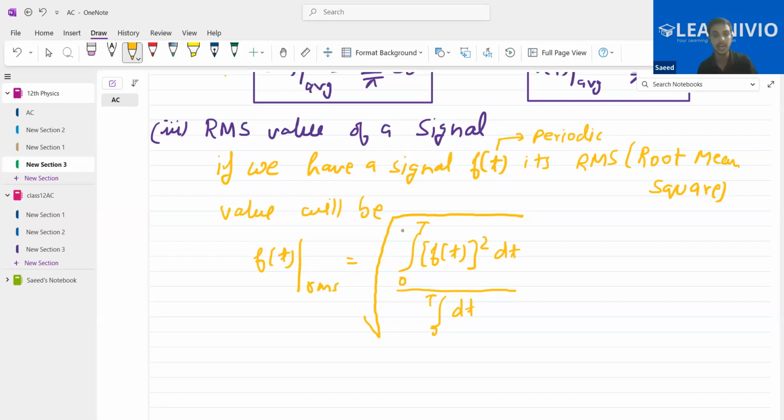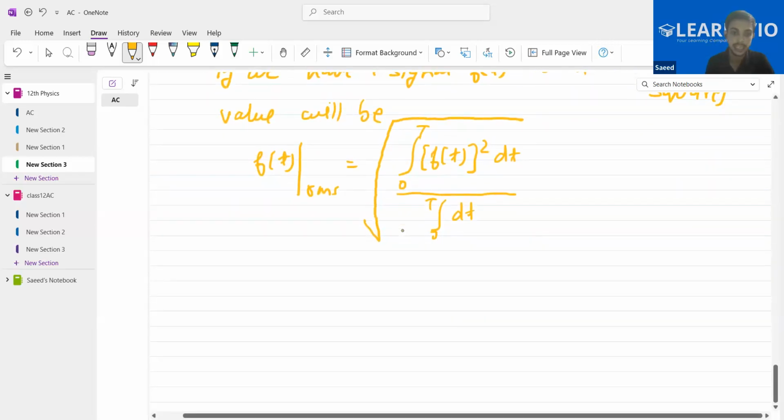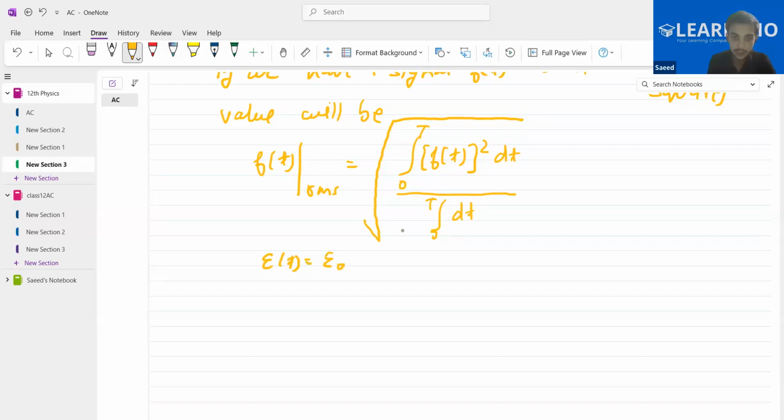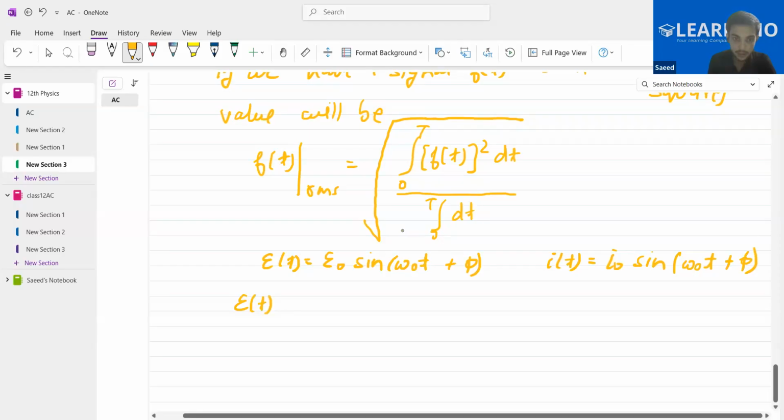But in our case, as we know, E of t is E naught sine of omega naught t plus phi, and I of t is I naught sine of omega naught t plus phi. The RMS value of E of t will be the maximum amplitude divided by root 2.